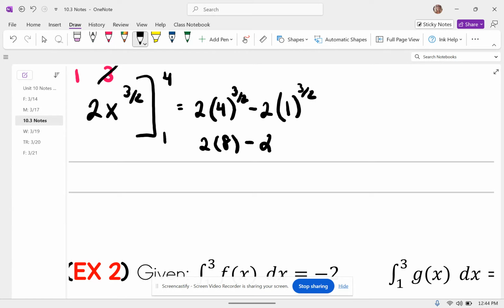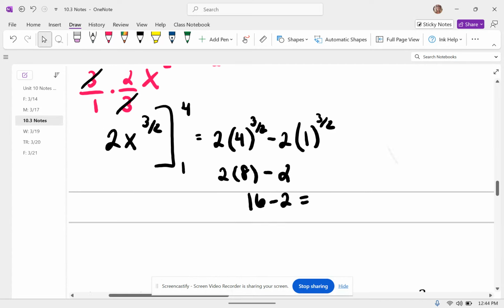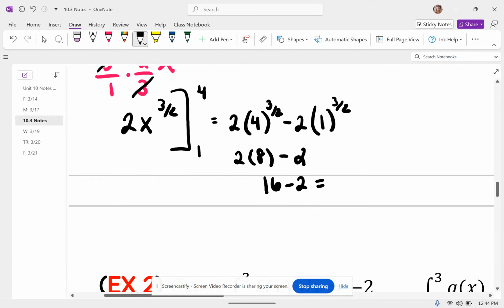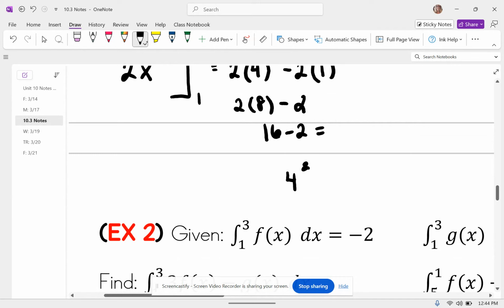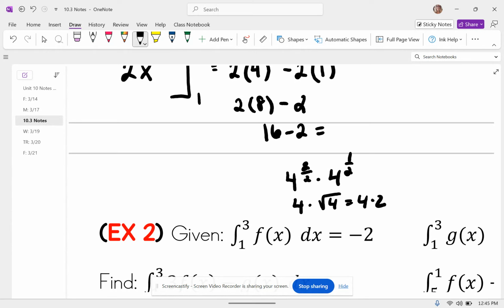Yep, you got it. How is 4 to the 3 over 2 computed? We just figured it out, but we could go through it again, right? I think it's 6. 4 to the 2 over 2 times 4 to the 1 over 2. This becomes 4 to the 1 because 2 over 2 reduces to 1, times the square root of 4. Okay, so you multiply.